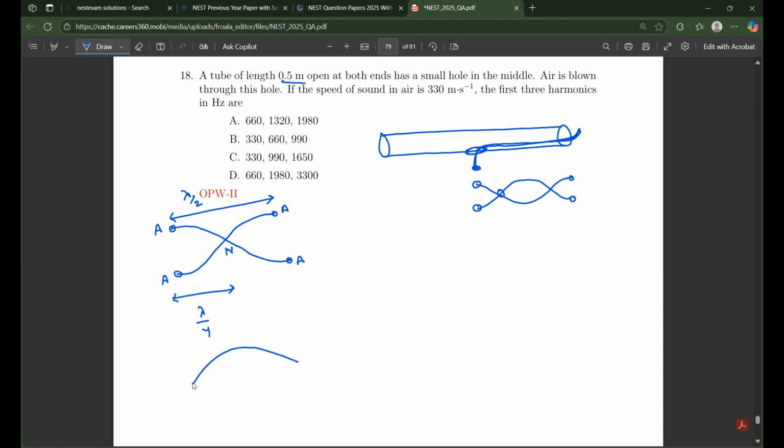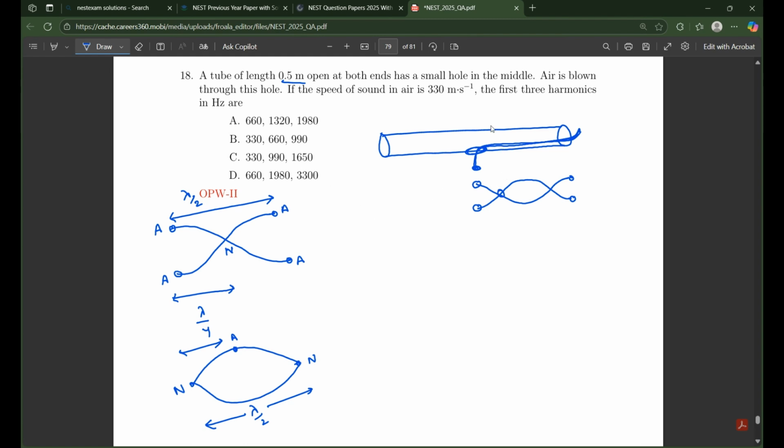Say I have an antinode in the middle and two nodes at the ends. This complete distance is lambda by 2, and the distance from node to antinode is lambda by 4. Now focusing on the question again, we have to find the first three harmonics in hertz.